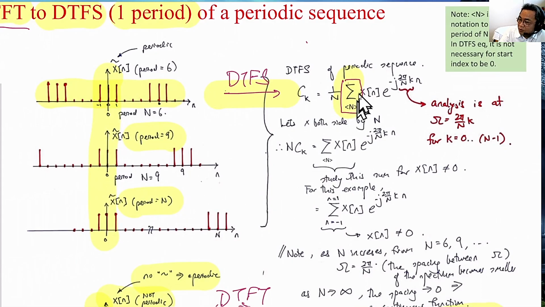So this notation of sum over <N> is a better representation for us to understand this DTFS equation. We should take the appropriate N samples such that in this example, it clearly shows that there is no change even though N goes to infinity because only zeros are padded.